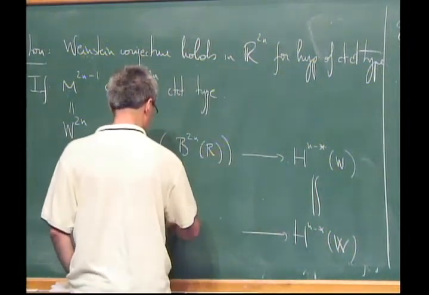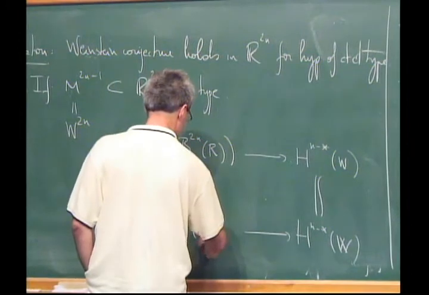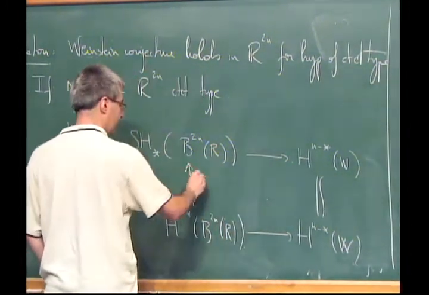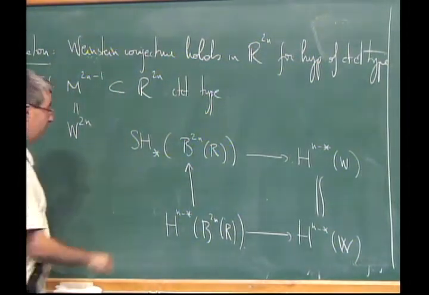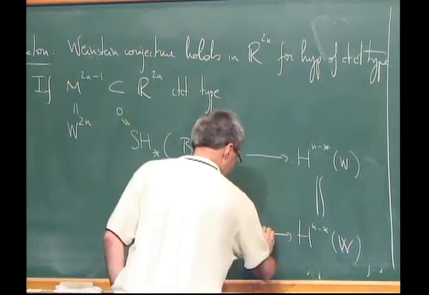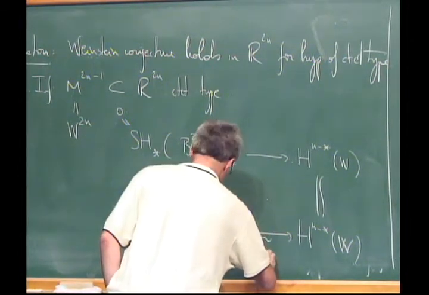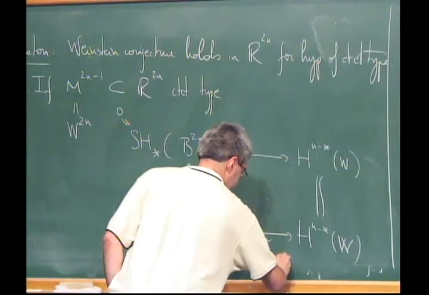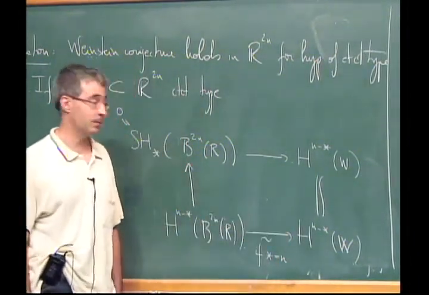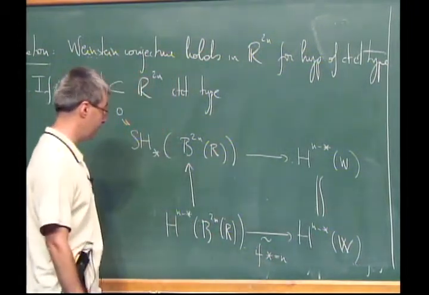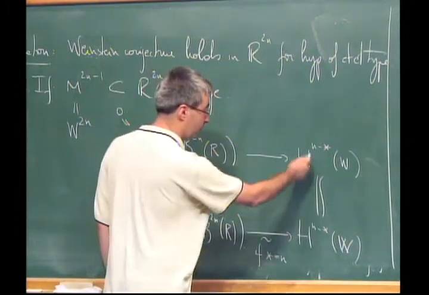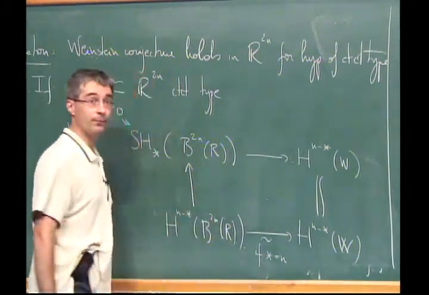That's cohomology of the ball, and you have this map. So this thing is 0, and this thing is an isomorphism in degree n. Of course, the map from H0 to H0 is going to be an isomorphism. And this is also an isomorphism. So it's not possible that an isomorphism factors through 0.